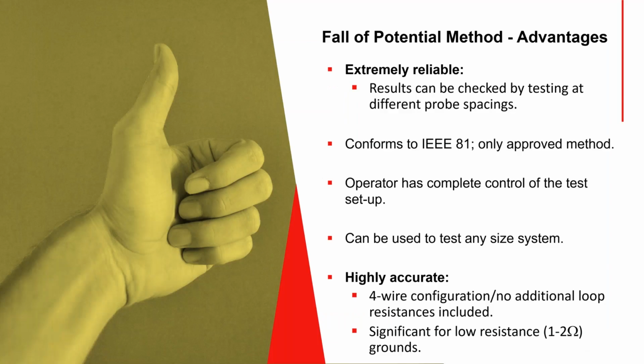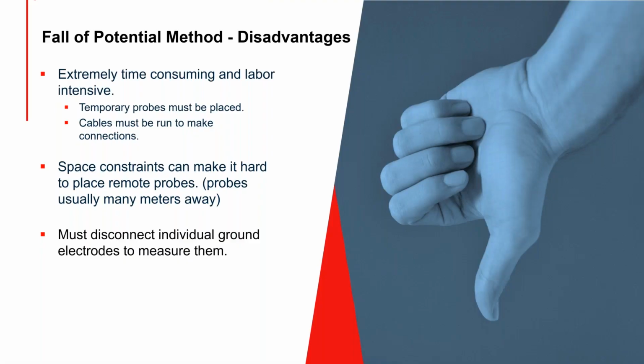Okay, so fault potential is your best method. It's extremely reliable. It conforms to IEEE. The operator controls the test. It's a very good method, but it does have limitations. Next. It's time consuming.